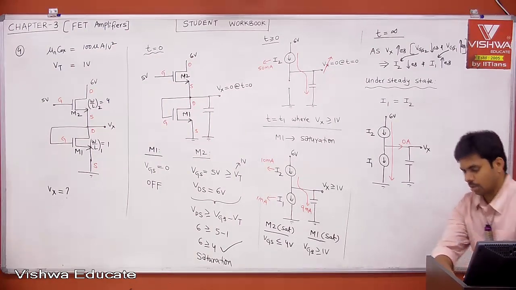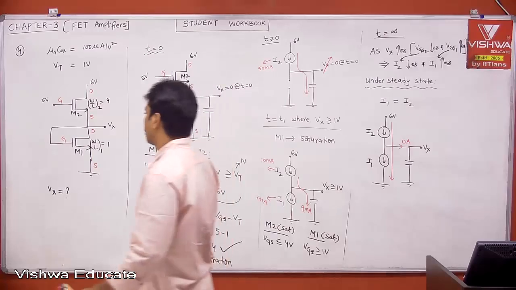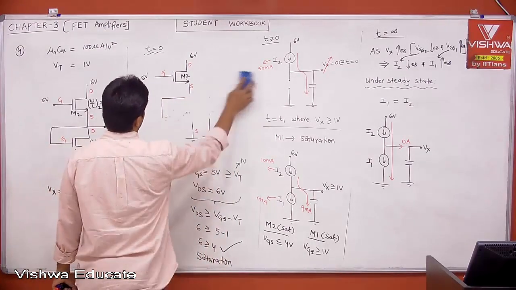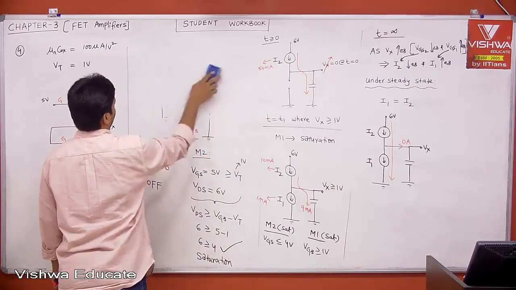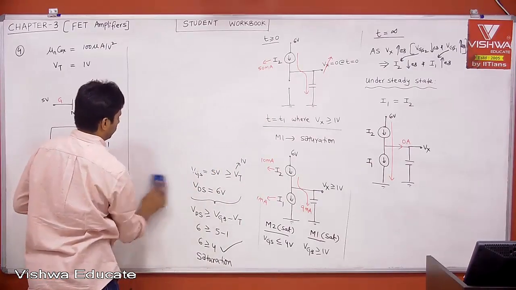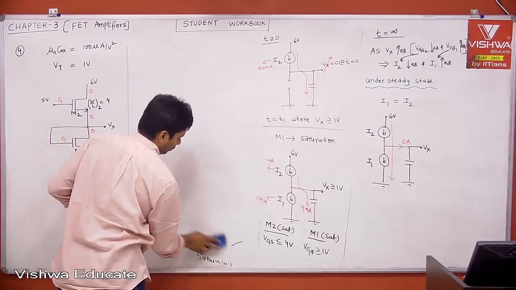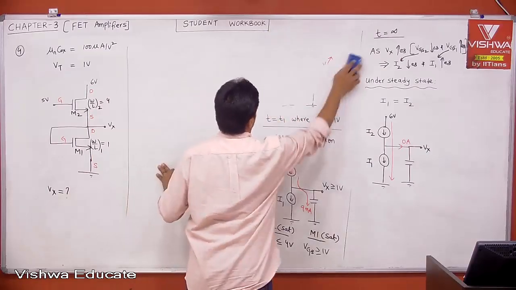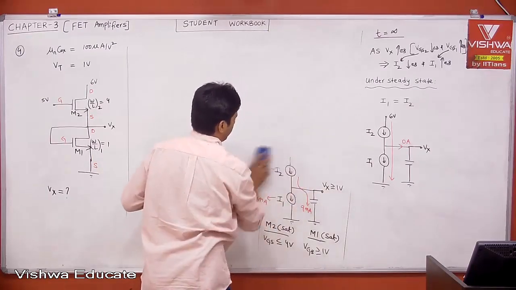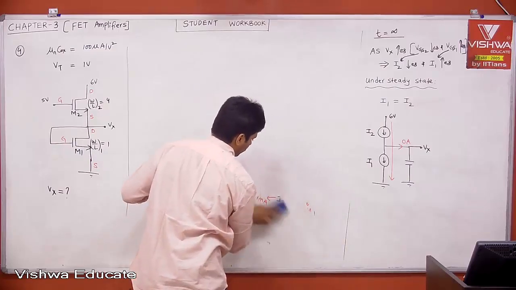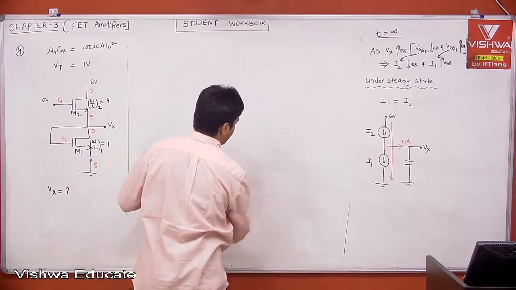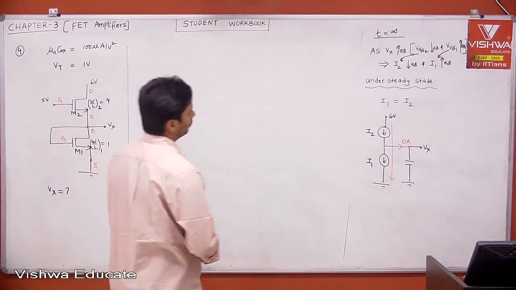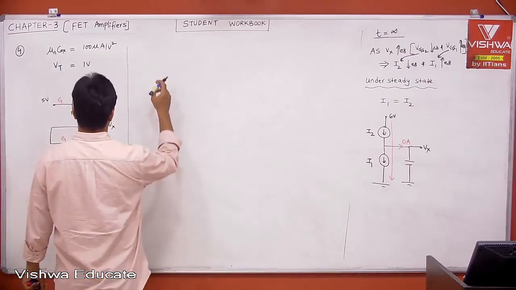Then let's see. Now, therefore, what is I1 for MOSFET 1?